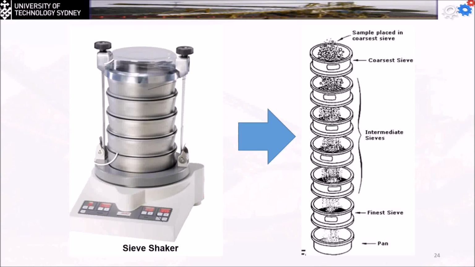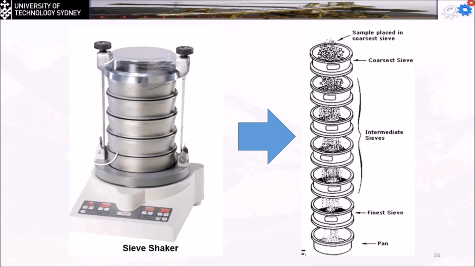So a percentage of the material is going to be held by each sieve. For example, if it's going to be 10 levels, this one is going to carry 5%, this one 50%, 20%, until the adding up of everything is going to be 100%. It's not going to be about the volume, it's going to be about the mass.